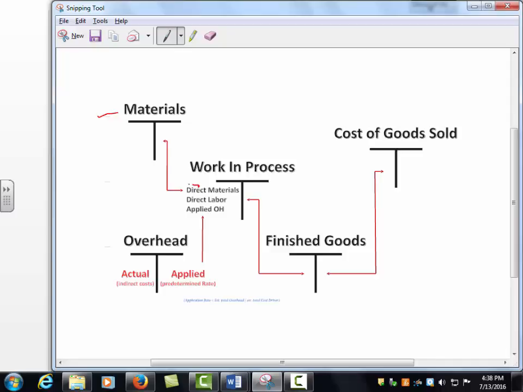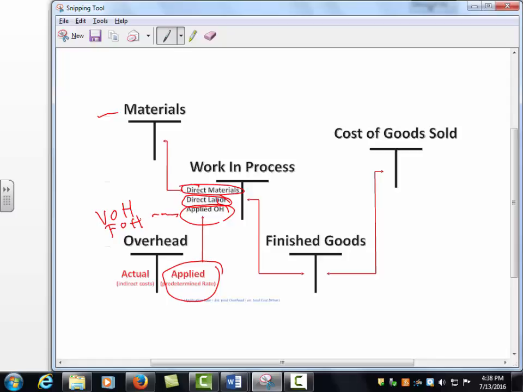So our direct materials went into work in process. We added labor, and then what we did was we applied overhead. And that overhead, we made no distinction between variable overhead and fixed overhead.